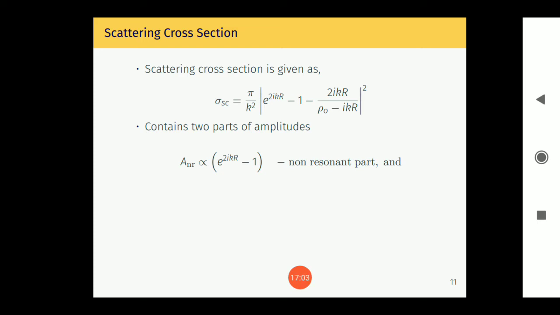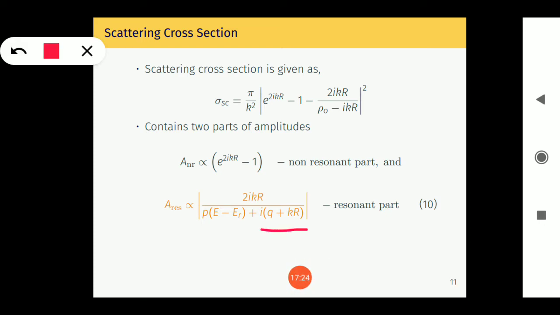Therefore, that is denoted as e power 2ikR minus 1, and the resonant part is proportional to the second part in the above equation, which is equal to 2ikR divided by P times (E minus ER) plus i times (Q plus kR), where we have substituted the value of rho naught and ik, everything in this expression.